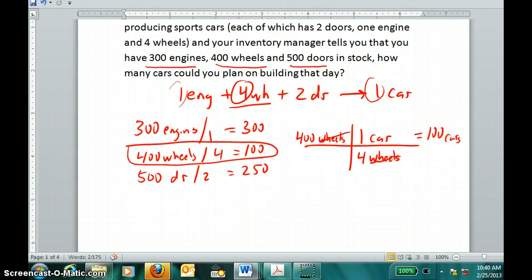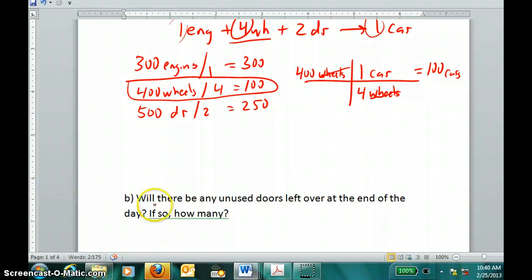Now, there's a second question that could be asked, namely, will there be any unused doors left over at the end of the day? If so, how many? Well, of course, because I had enough doors to produce 250 cars, but we only made 100 cars, we're going to have what's called excess, namely stuff left over.